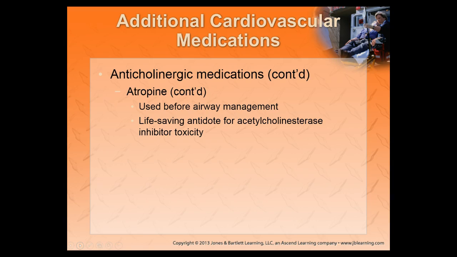Large doses of atropine need to be given to people who show signs and symptoms of organophosphate poisoning, and that's what this is showing here. Also in the military realm, atropine is considered the quick-acting antidote for nerve agent exposure. Nerve agents are in the same family as Sevin, the organophosphates.